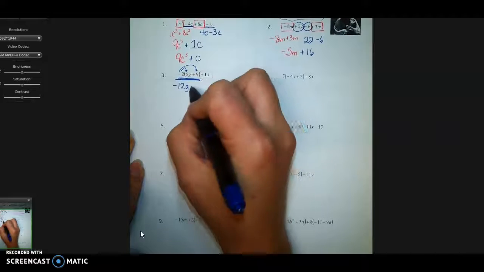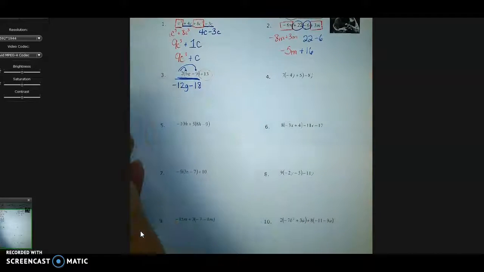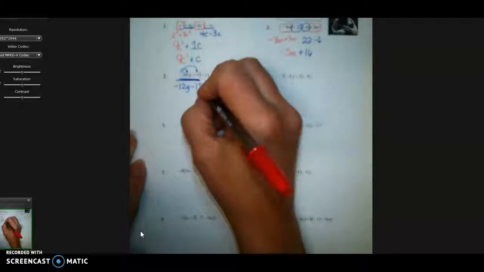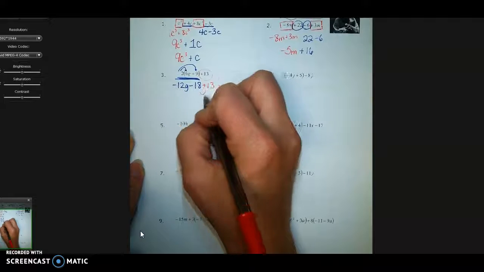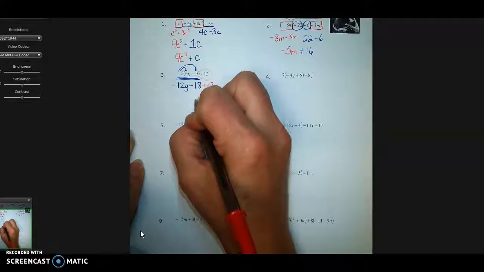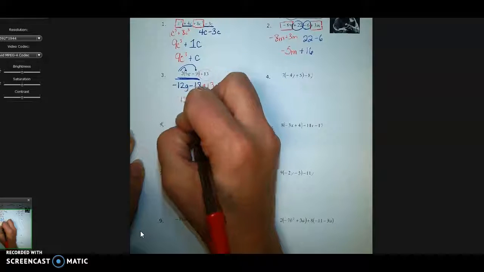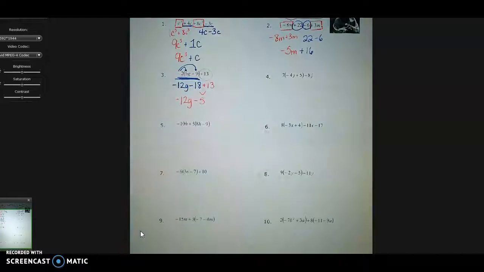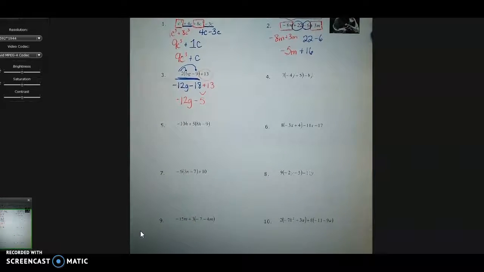And negative 2 times 9, or a negative 18. And I write that as minus 18, not adding a negative 18. We've got negative 18 plus 13, which gives me a negative 5. I don't have anything else that has the variable g in it, so I can't combine that. So that is the expression that I am left with.